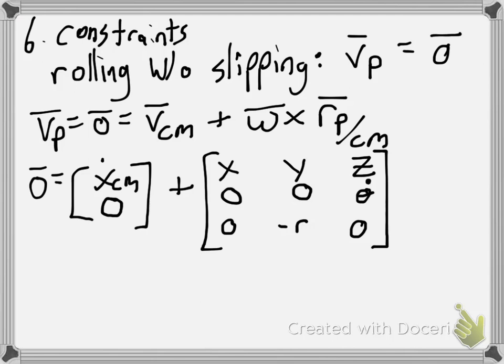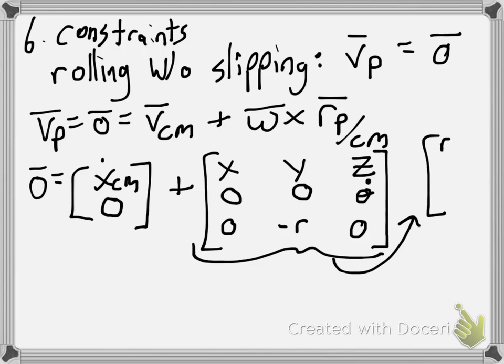So this cross product becomes, in the x direction, 0 times 0 minus a minus theta dot times r.